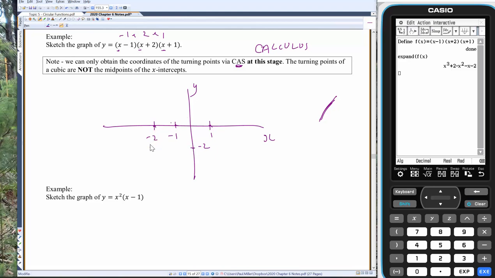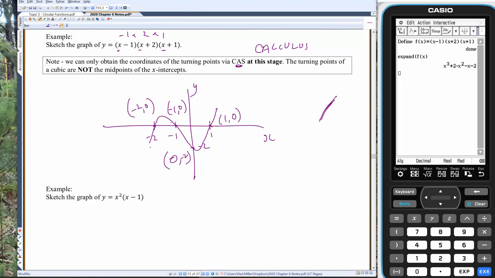So here's another attempt. That didn't feel right at all. That's better. Okay, so let's note the key features: (-2, 0), (-1, 0) and (1, 0), and the y-intercept is (0, -2).